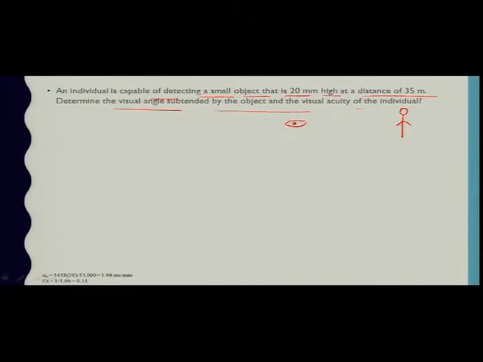The eye is making an angle alpha v, which is subtended by an object of height h at a distance d from the eye.